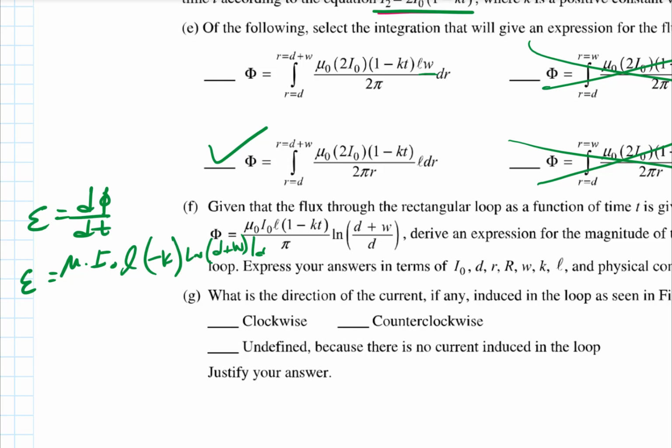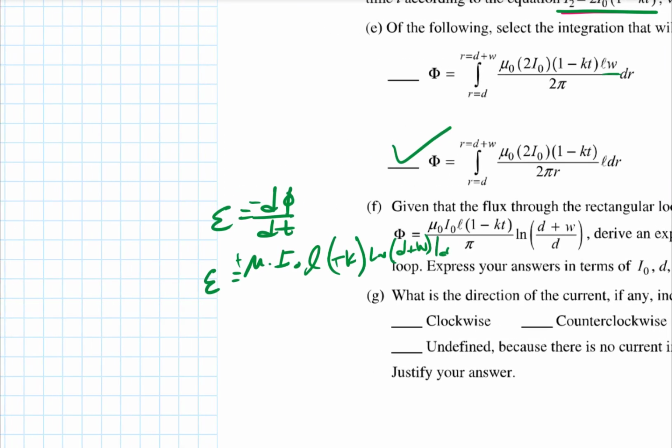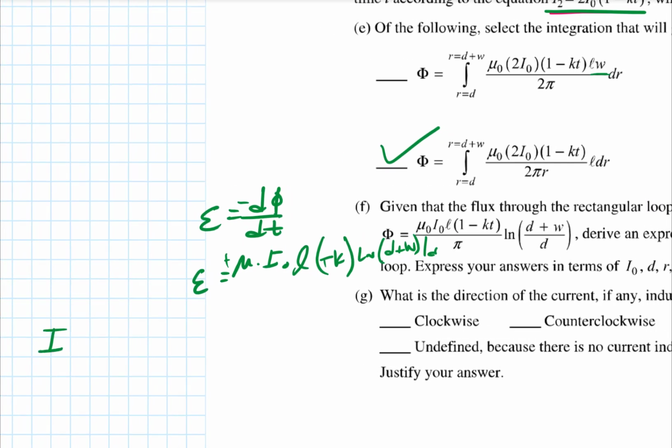That's going to be my EMF. There's a negative sign there, so those negative signs go away. So my current is going to be that value for EMF divided by R. So mu0 I0 L k times the natural log of (d plus w) over d, over the resistance.